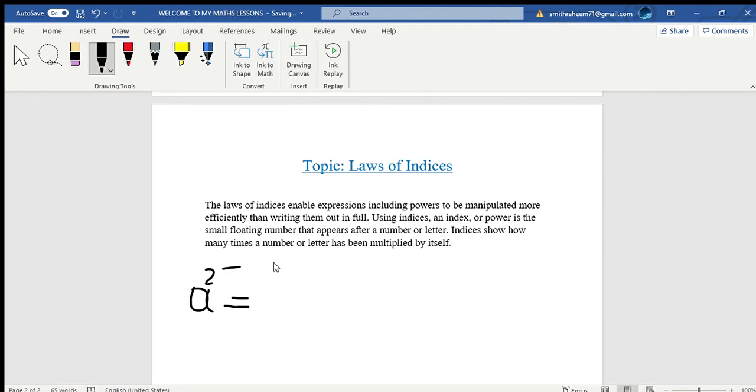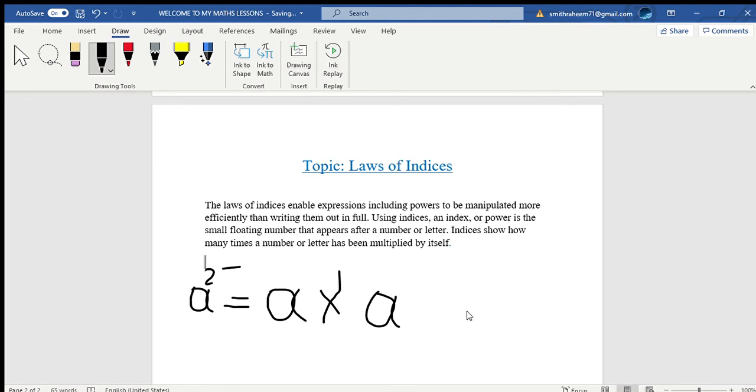And it said indices show how many times a number or letter has to be multiplied by itself. Since the floating number is 2, this simply means that a should be multiplied by itself twice. So it's a multiplied by a. So that's what the small floating number means.